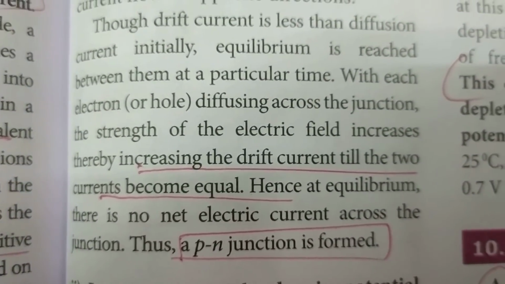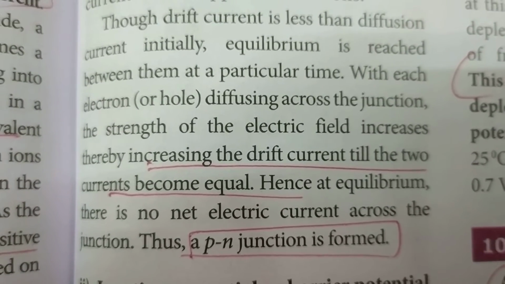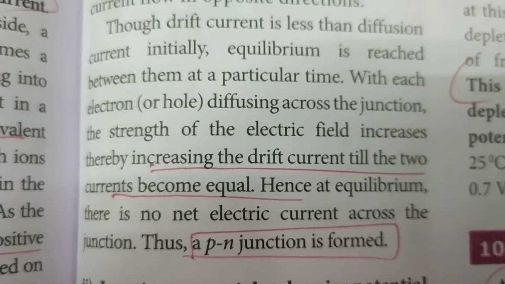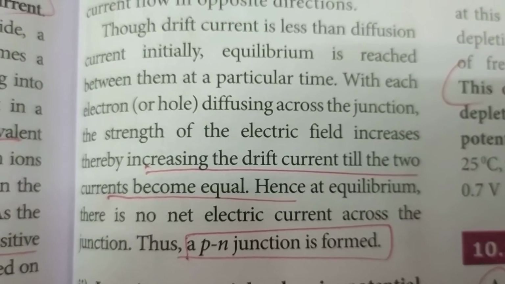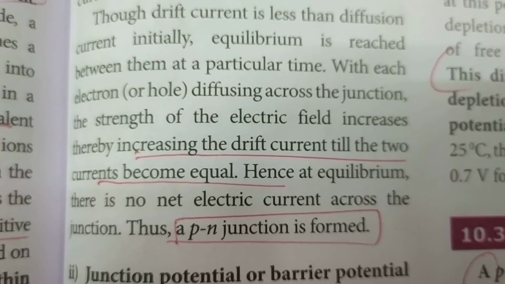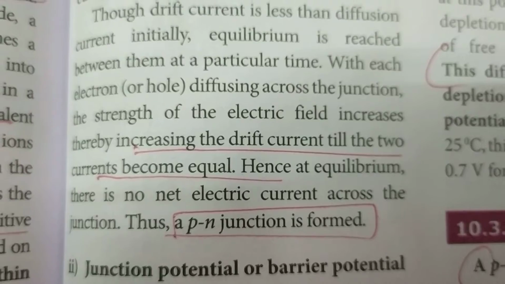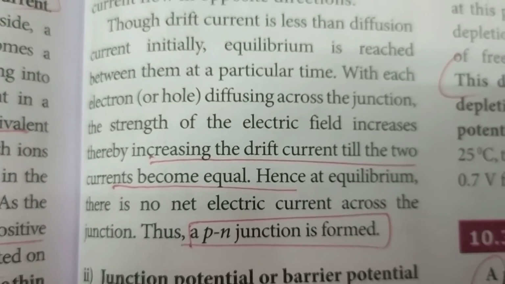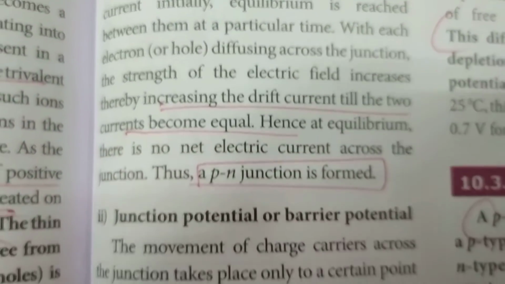The process continues until the drift current becomes equal to the diffusion current, and at equilibrium there is no further net electric current. This is called p-n junction formation. So this is how the p-n junction is formed.